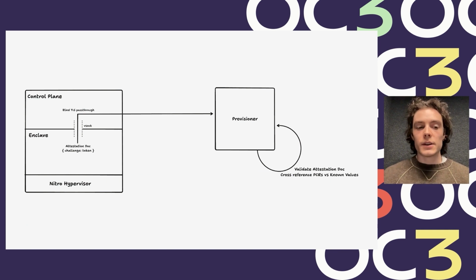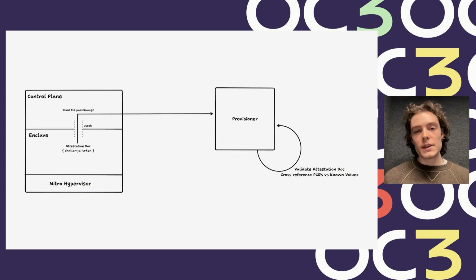So once this is done, the enclave then sends another request to the host. This request initiates a TLS handshake from the host process, the control plane, to the provisioner. This is just standard TLS, it's not MTLS. So the provisioner knows that it has to treat the client connection as somewhat untrusted. So the enclave, once it's established its TLS connection, will send the attestation document that contains the token as a challenge.